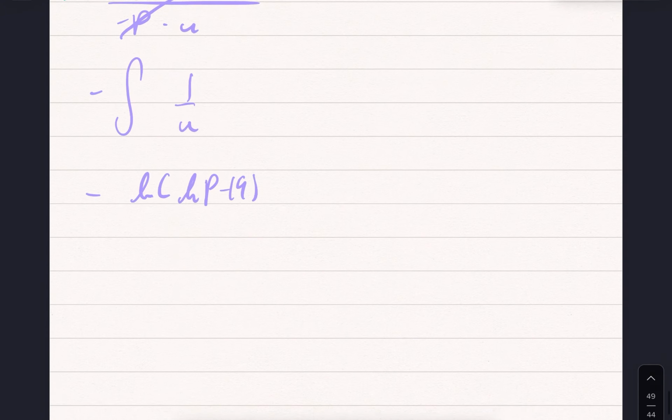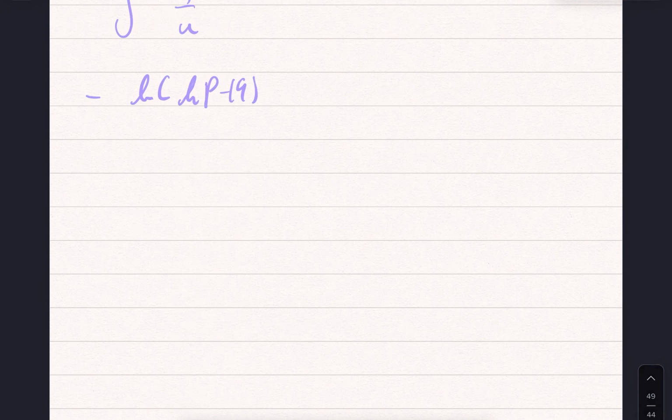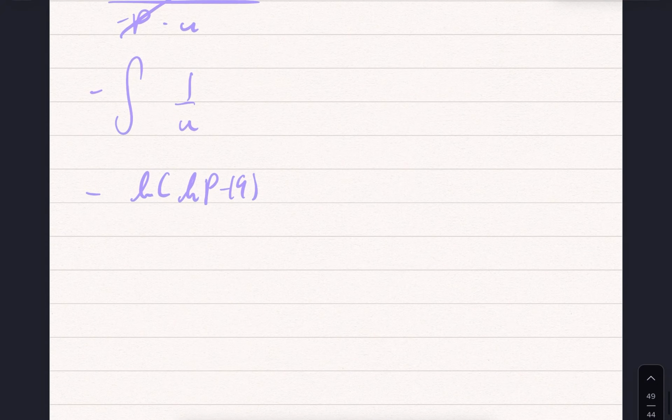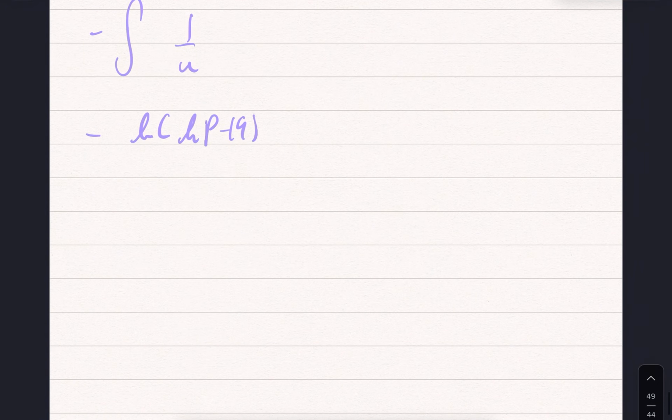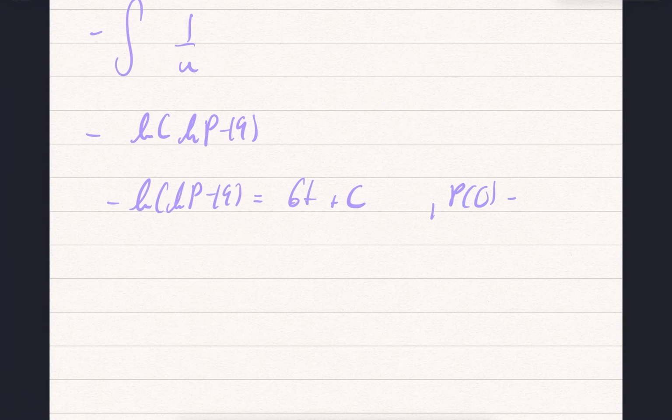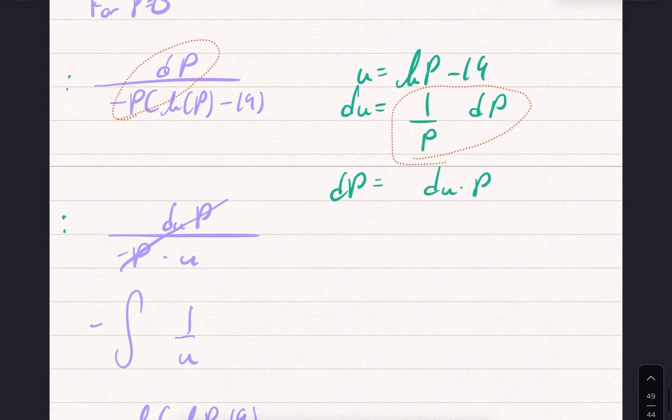Okay. So, let's go back to what we got. All right, so I got negative ln p minus 19 equals 6t plus c. And our initial condition was that p at 0 equals 130, right? I'm just going to go a little forward towards where I left off in terms of this question.